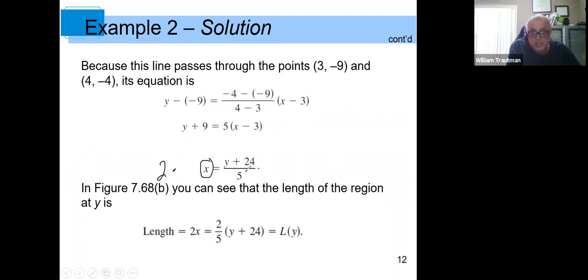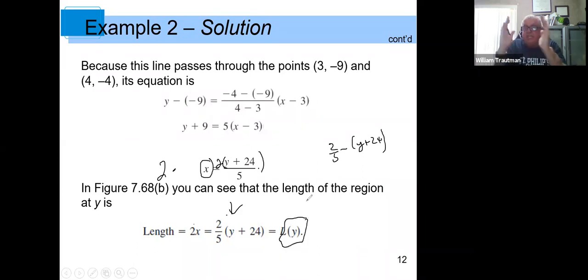So when I do that, you can just multiply it by 2. And this is what we get, 2 times (y plus 24) over 5. That's our Ly. Ly has to be that x, but you multiply it by 2 to get the whole thing, because we said the line bisected that steel plate.